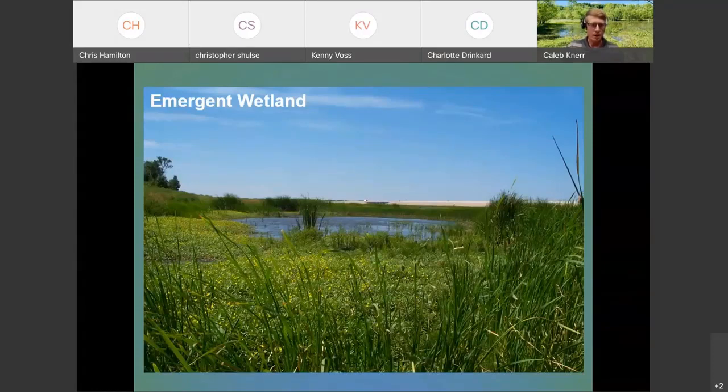Under the Corps of Engineers 1987 Wetland Delineation Manual, there are certain data sheets that we have to fill out when we go out and delineate wetlands. Looking at this photo, we would go out and document the species that are present, then look for signs of water and try to delineate those boundaries for determining the extent of those jurisdictional wetlands.